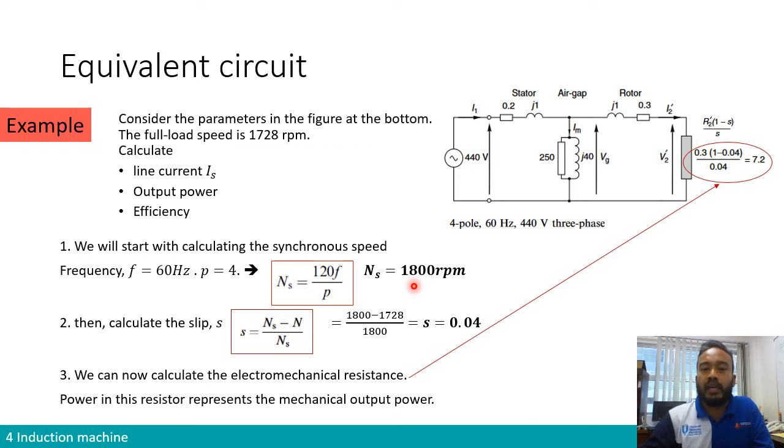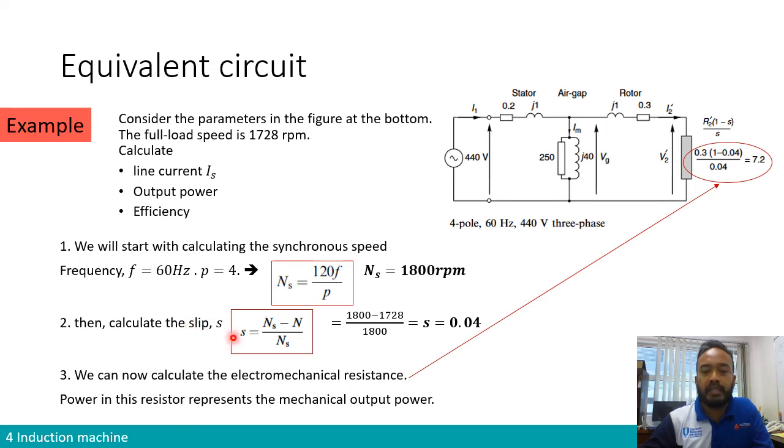Okay, now an observation. Synchronous speed is 1800 RPM, but at full load the machine is rotating at 1728 RPM. So there is a certain reduction in speed in comparison to the synchronous speed. Therefore, we can calculate the slip.